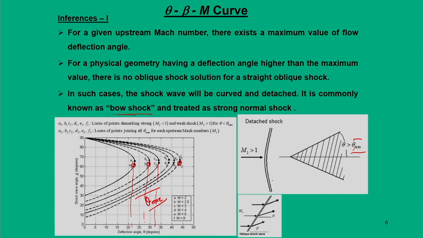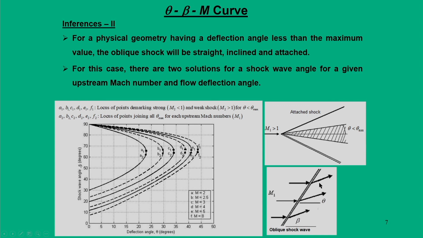This detached shock takes the shape of a bow and arrow, so it is called a bow shock, and this is a very common phenomenon when there is a supersonic flow past blunt bodies.